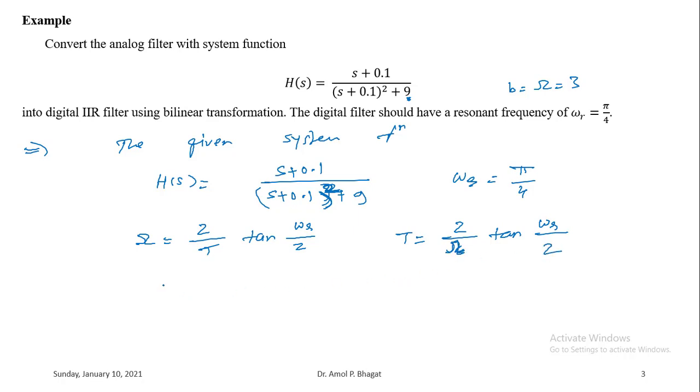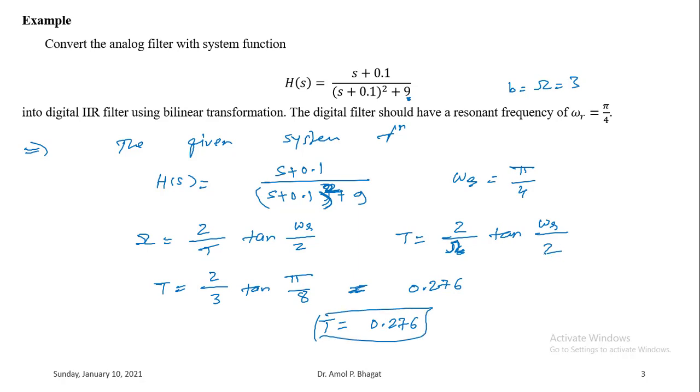The value of T will be 2 upon 3, tan pi by 8, and if you evaluate it, it will be 0.276. So capital T is 0.276, and this is the required value.